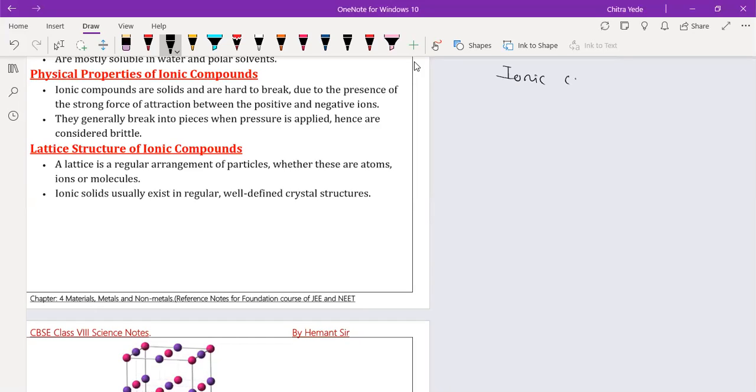The compounds formed by ionic bonds are called ionic compounds. Yes, an ionic bond between anion and cation. Okay, so I'm going to write one more time what an ionic compound is.